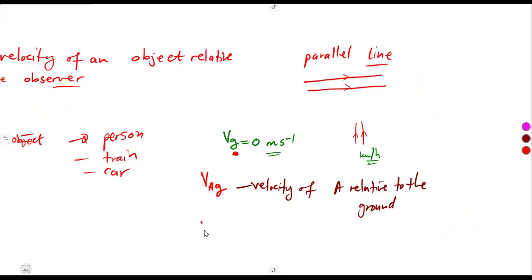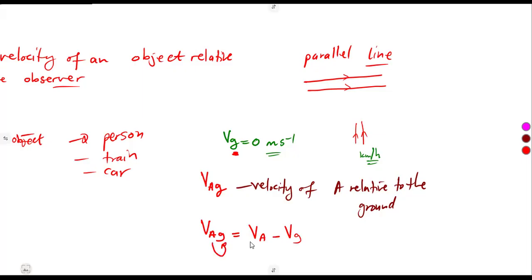So our normal calculation was supposed to be like this. Velocity of A with respect to the ground is equal to, you start with A going to G, the ground. So it's supposed to be VA minus VG. This is what we're supposed to have.